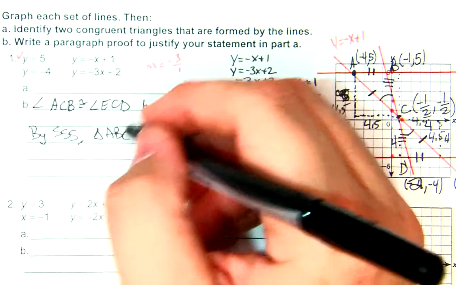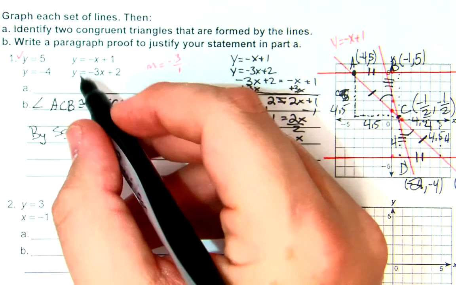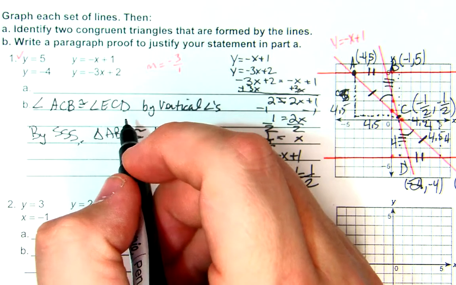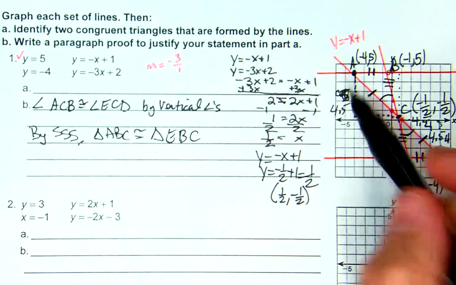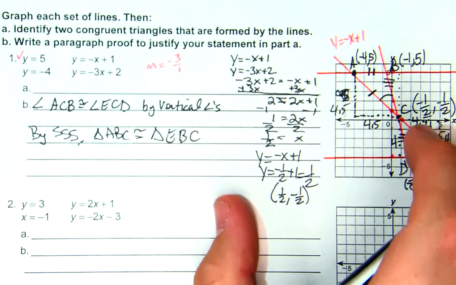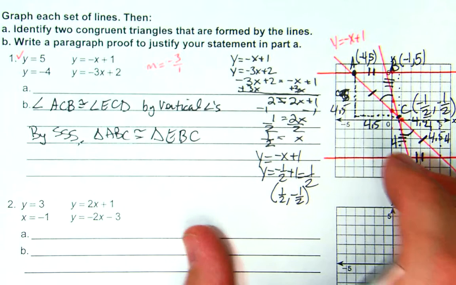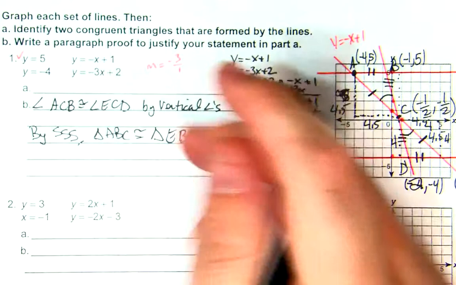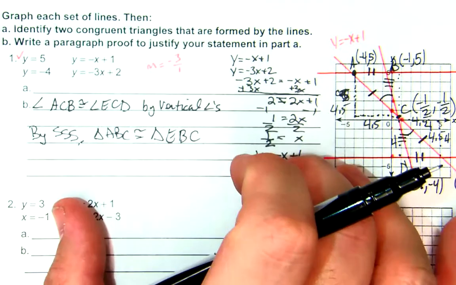So once you're able to figure out that the triangles are congruent, you can say that all your corresponding sides are congruent. So this is kind of a messy way of doing this, but it's kind of doing the Pythagorean theorems from there. So you can write a paragraph proof saying that you calculated Pythagorean theorems for all of them and you found that the sides were congruent.